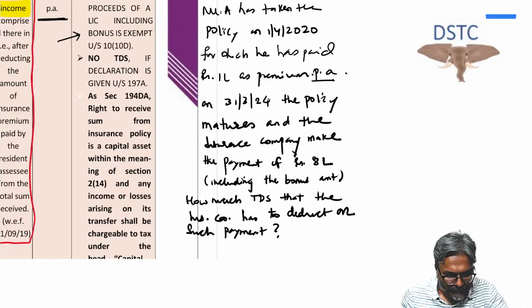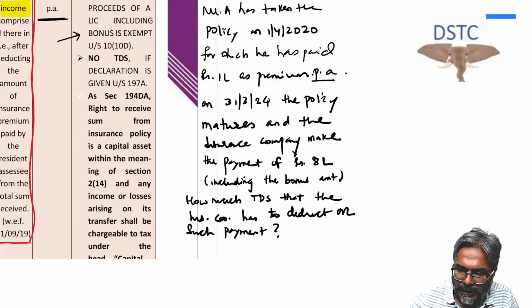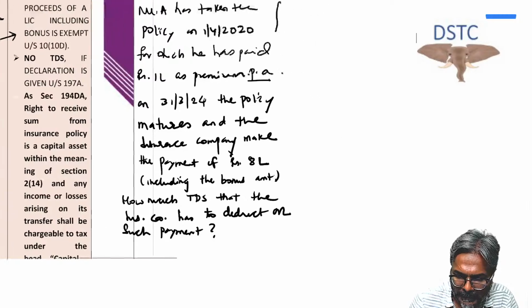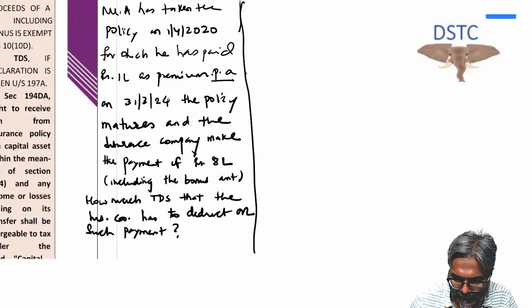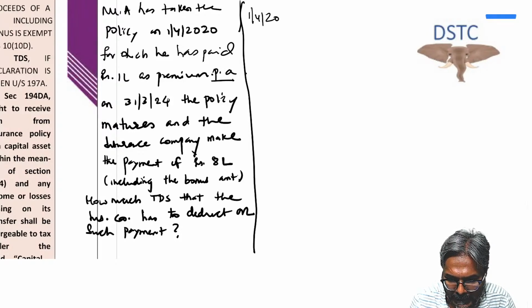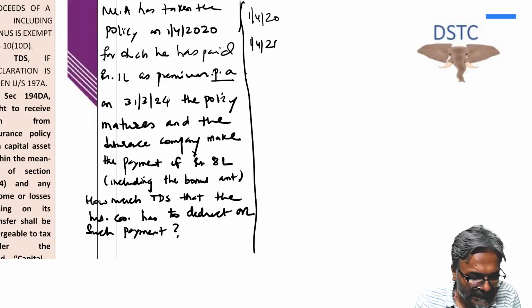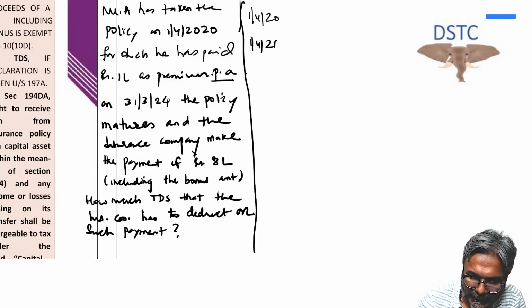Now see, students, check out the period for which he has paid the premium. You can calculate yourself. The premium he has paid starts from 1st April 2020, then 1st April 2021, annually. That is the date when the premium has to be paid.